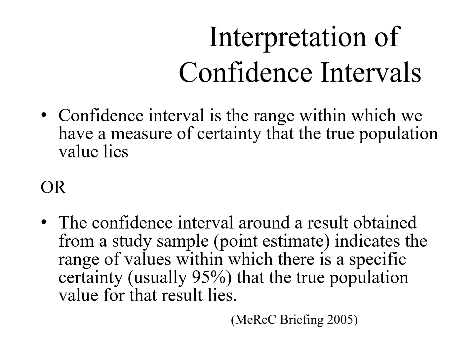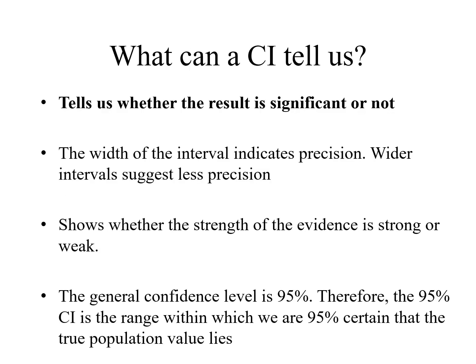Confidence interval is the range within which we have a measure of certainty that the true population value lies. It is around a result obtained from a study sample, indicating a range of values within which there is a specific certainty that the true population value for that result lies. So what does confidence interval tell us? It tells us whether the result is significant or not.